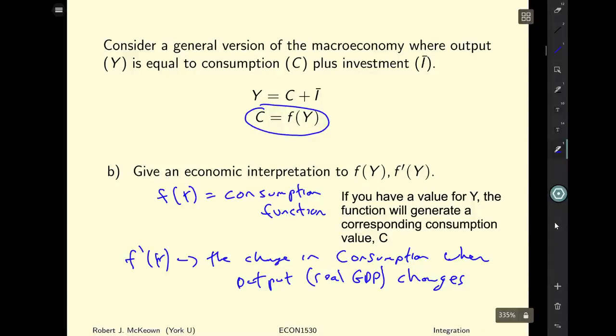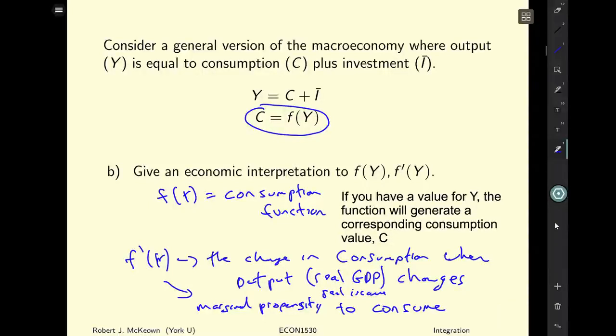And from Econ 1000, if this real GDP is real income, which it is, then f prime Y is the marginal propensity to consume. So it's the marginal propensity to consume, MPC.